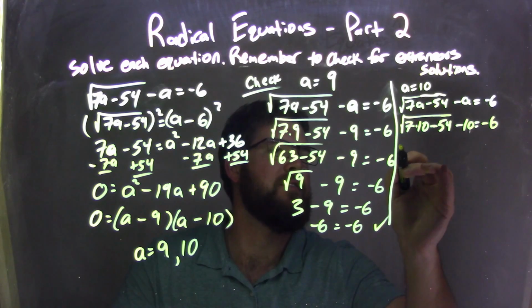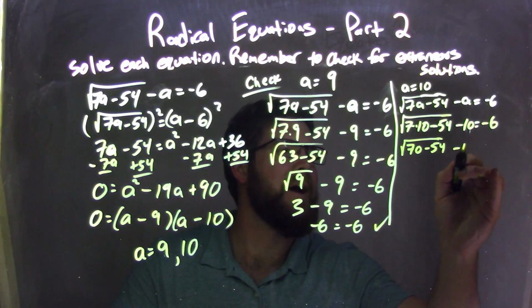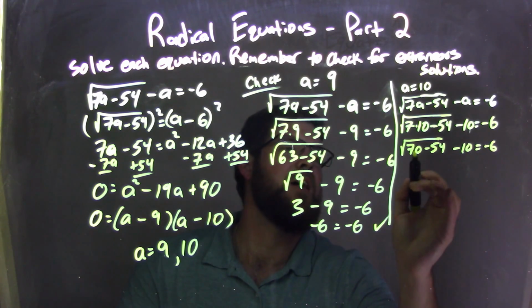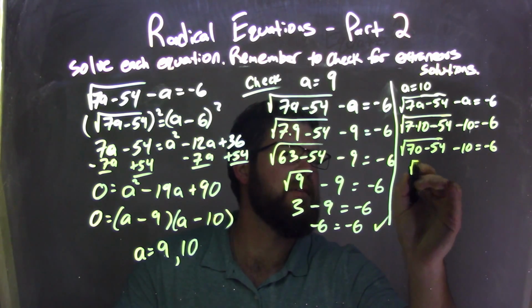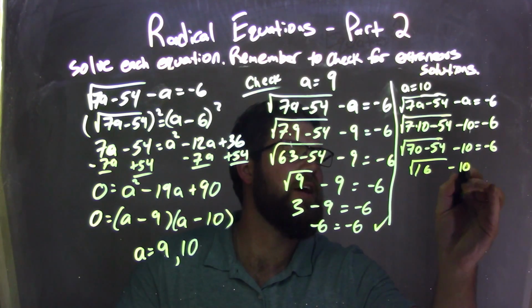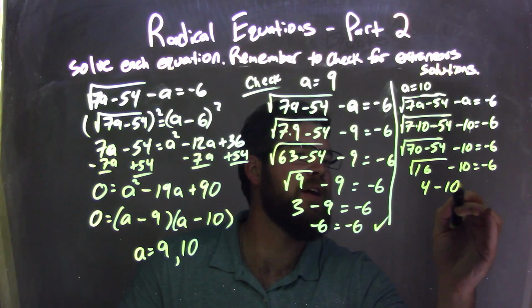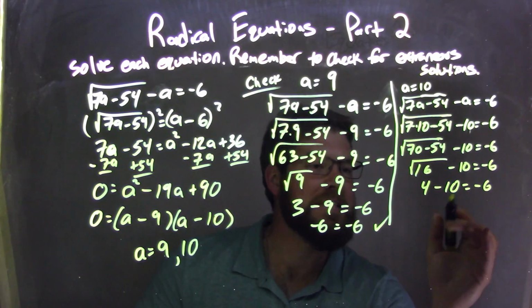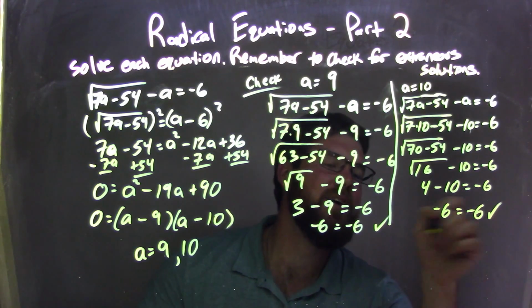Simplify: 7 times 10 is 70, so the square root of 70 minus 54 minus 10 equals negative 6. 70 minus 54 is 16. The square root of 16 is 4, so I have 4 minus 10 equals negative 6. And negative 6 does in fact equal negative 6.